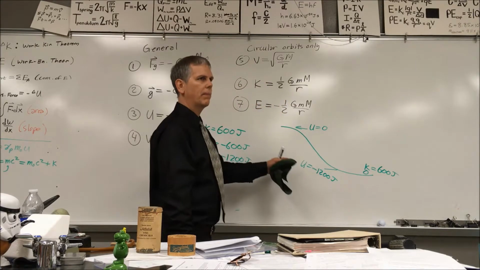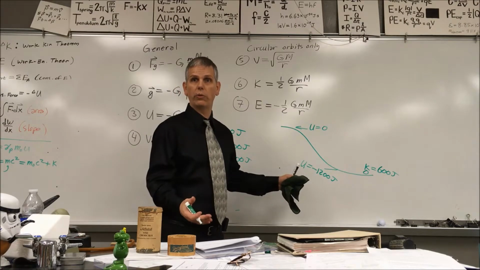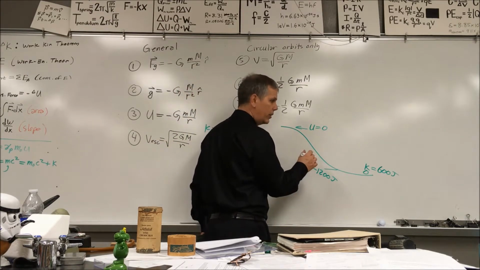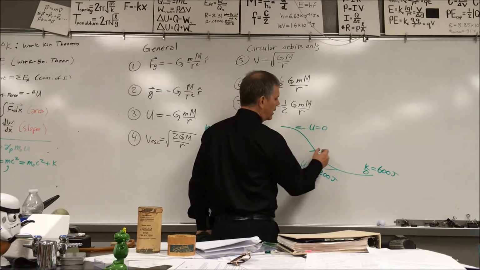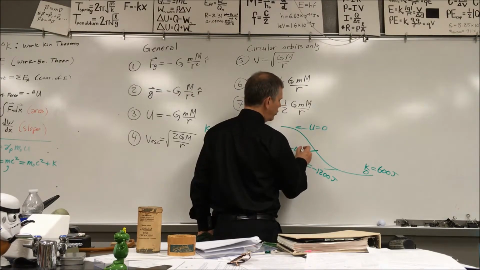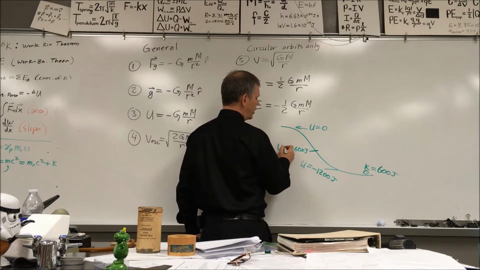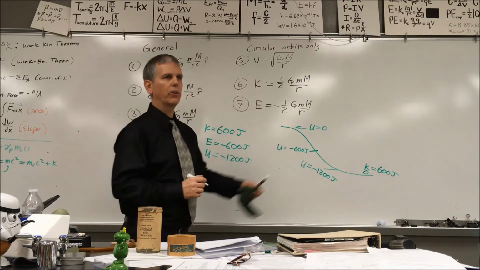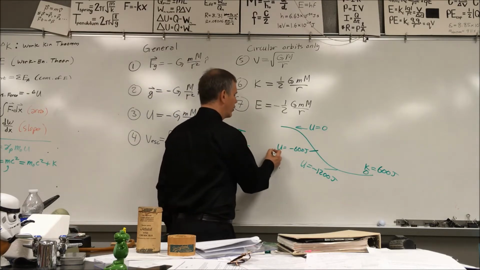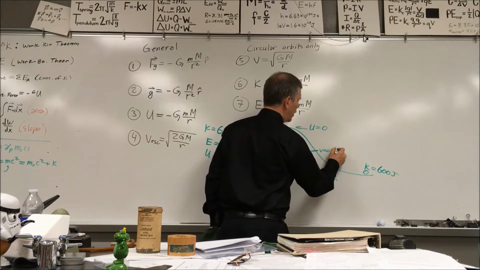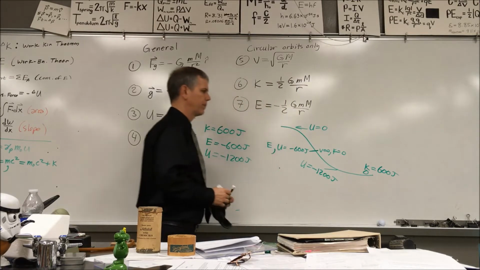It's going to race up and use up its 600 joules, won't it? And how much will be left over at the top? No kinetic energy, but it'll be negative 600 joules of potential energy still. And if you've used up your kinetic, then that must be your total energy as well. This is where v equals 0 and K equals 0.